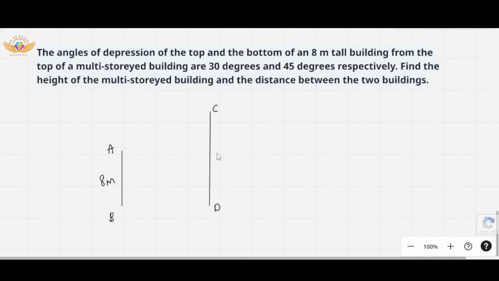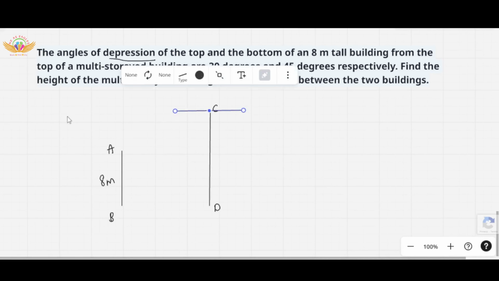So what is happening here? The angles of depression of the top and bottom. The top of the building is point A, and the bottom of this tall building is point B. So they are telling not elevations, they are telling the depressions. So the angle of depression will be from the top, no? So just draw one line here as a support for the angle of depression.